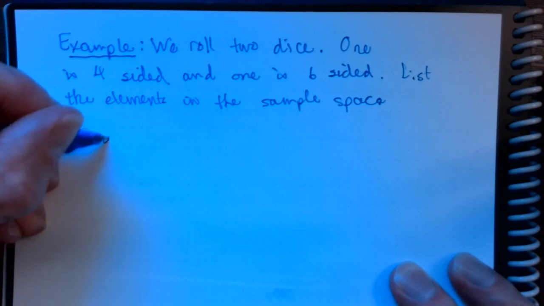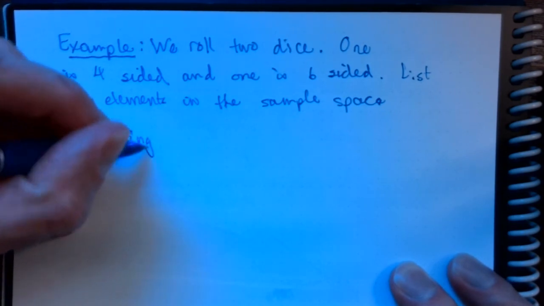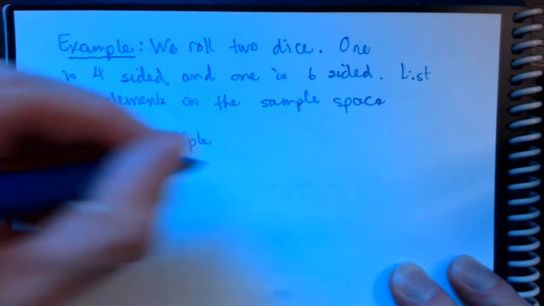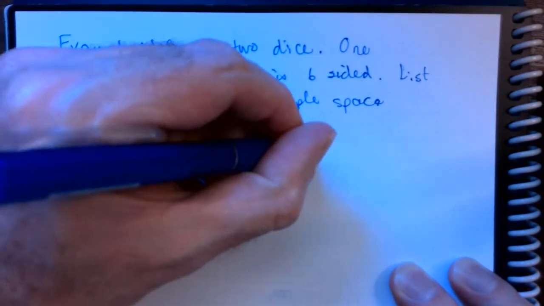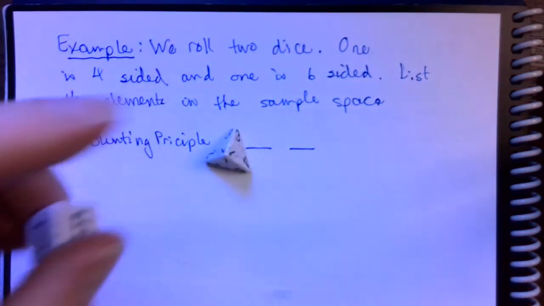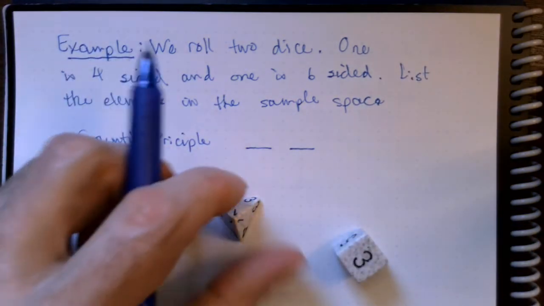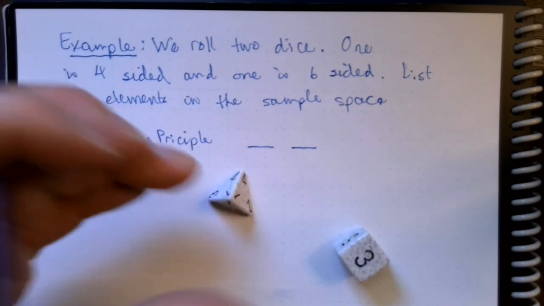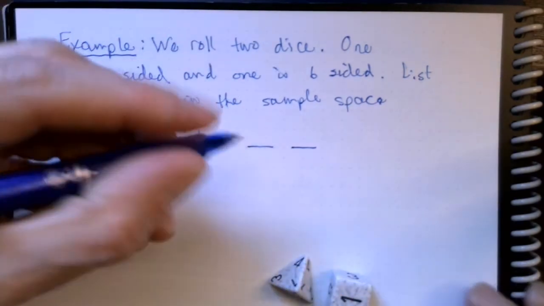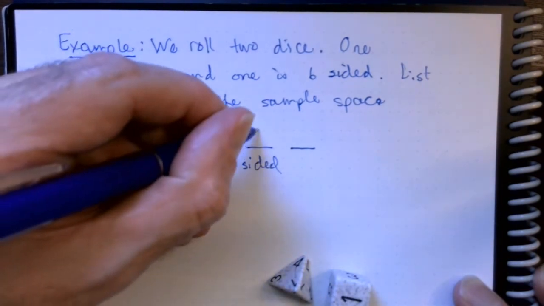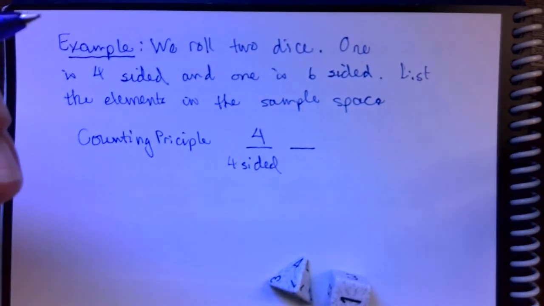So let's apply that counting principle that we just talked about. Okay, we're thinking of stages. I'm going to do the experiment once, so I have to think of, okay, how many possibilities do I have for my four-sided die? How many things could come up there? Well, that part of the experiment could go one of four ways.